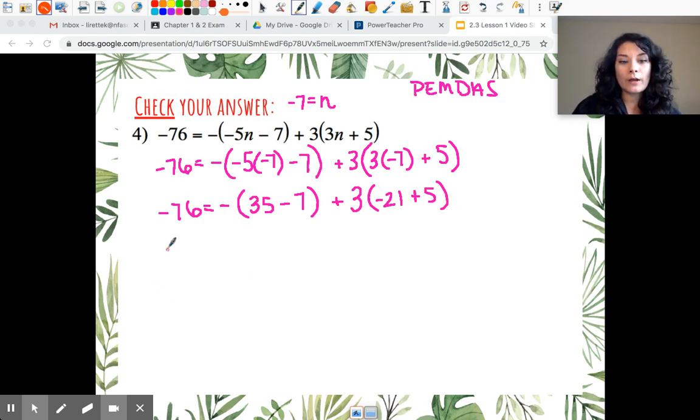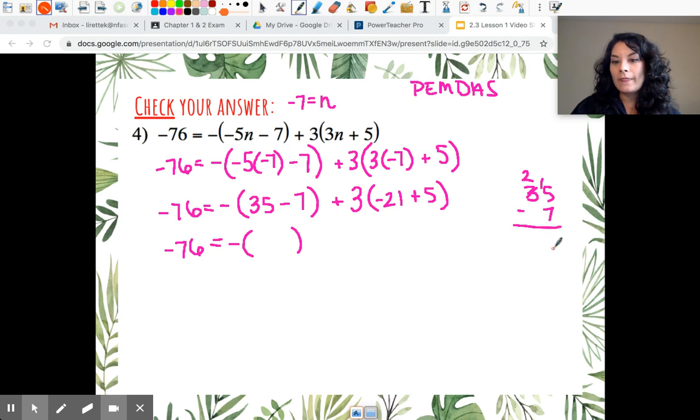Now I can just subtract in this first group. So 35 minus 7, if I do that work off to the side, I'm going to have to borrow from the 3. And then 15 minus 7, that's going to give me 8. And then 2 minus nothing gives me 2.